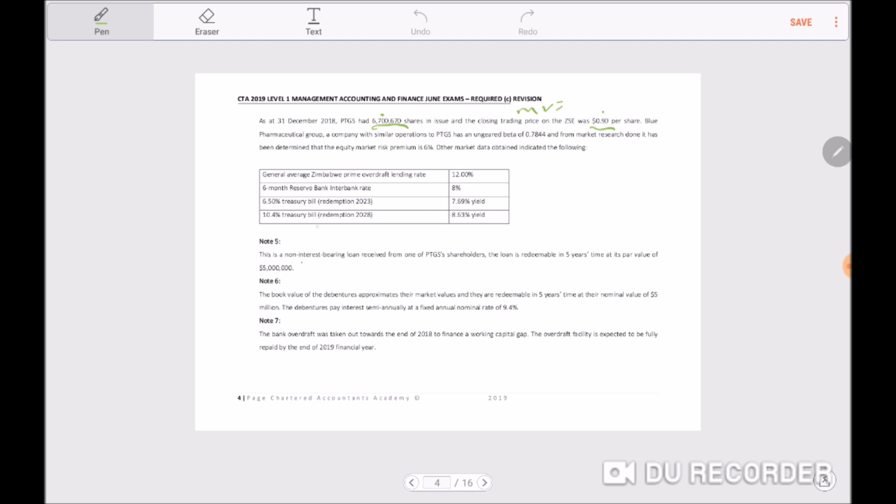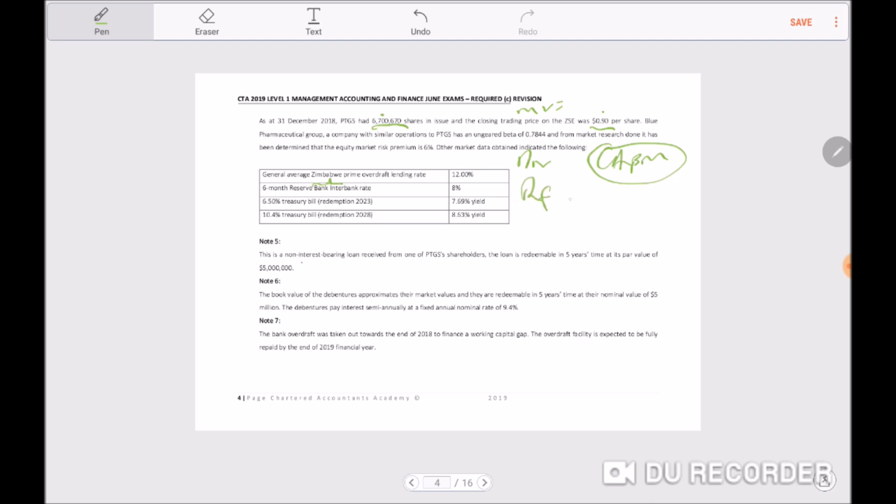We're also given the government average borrowing rate and treasury bills. What is this information relating to? How do we calculate the cost of equity? We have the dividend growth model, and also the CAPM. Given this information, it's leading us to the CAPM, and which risk-free rate should we use?